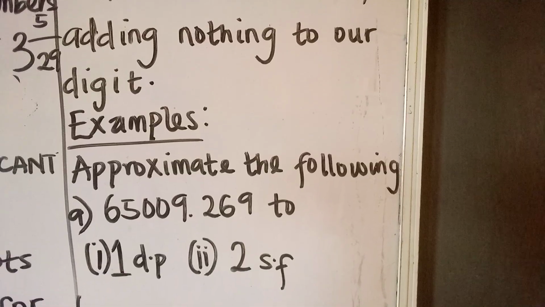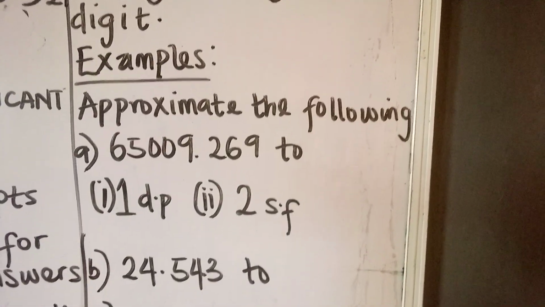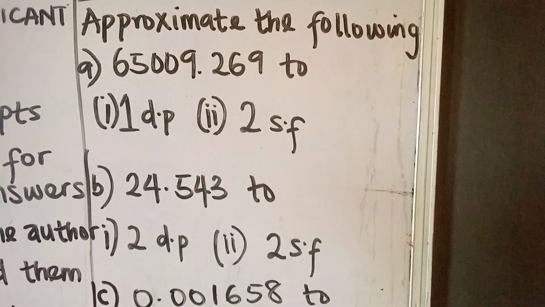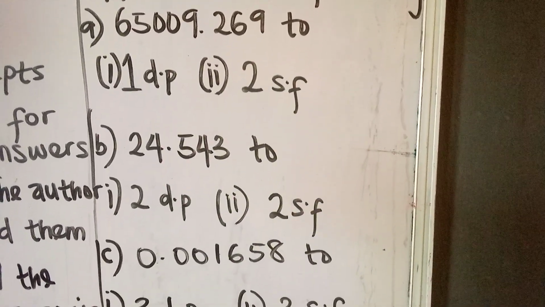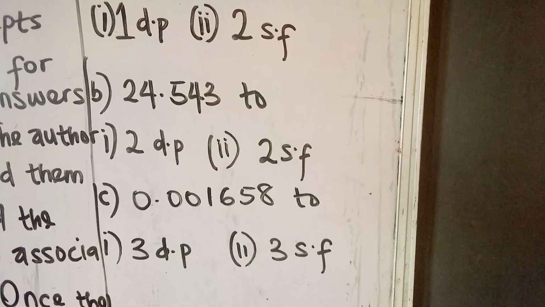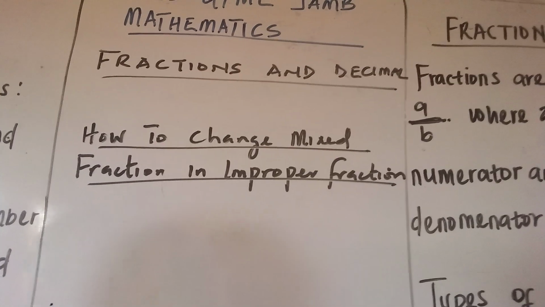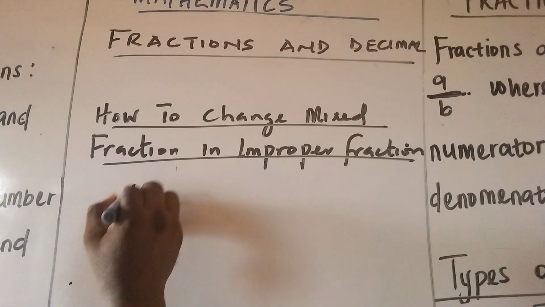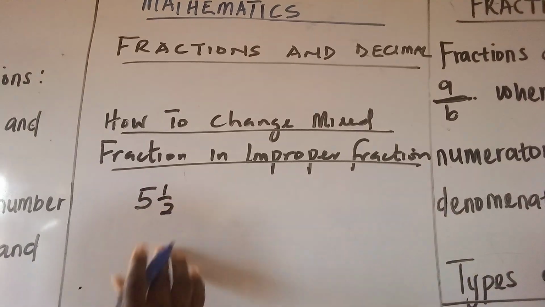Now, how do we change a mixed fraction to an improper fraction? Let's consider a mixed fraction, say 5 whole number, 1 over 2.